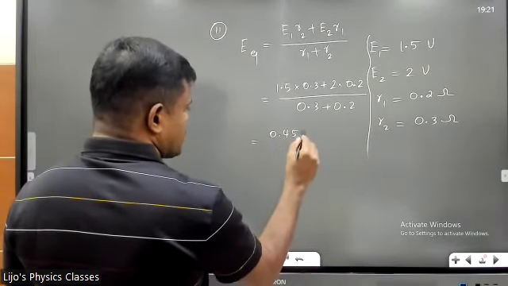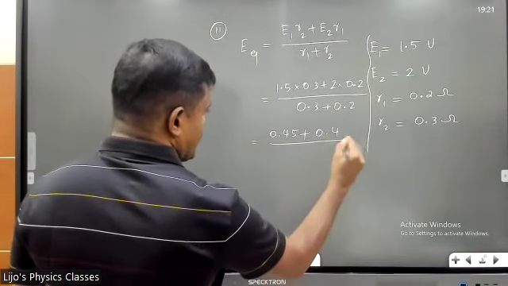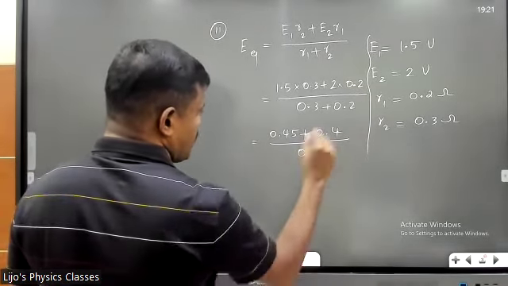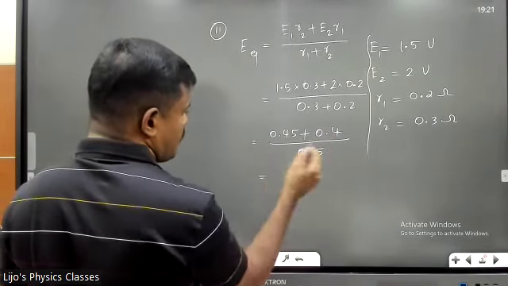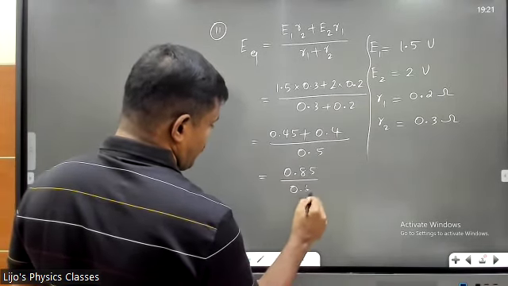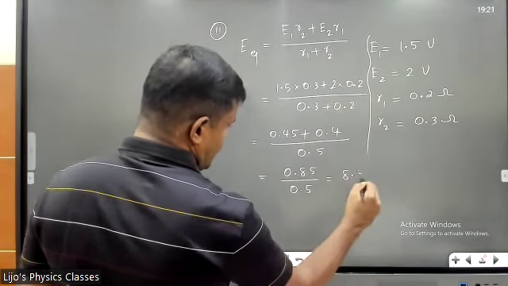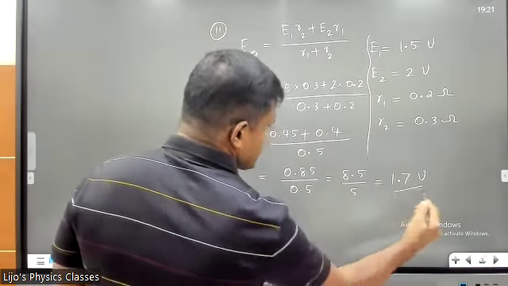One more place down, it is 0.45. 2 into 0.2, 0.4 divided by 0.3 plus 0.2 is 0.5. It is like 0.45 plus 0.5. This is 0.85 by 0.5. 8.5 by 5, that is equal to 1.7 volts.